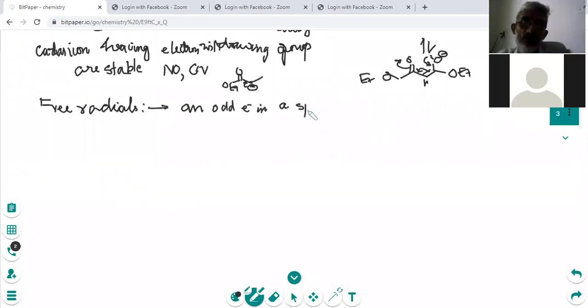You can see earlier we have seen carbocation, no electron; carbanion, 2 electrons; free radical, 1 electron. And the geometry of a free radical will be very near to sp2 hybridization.